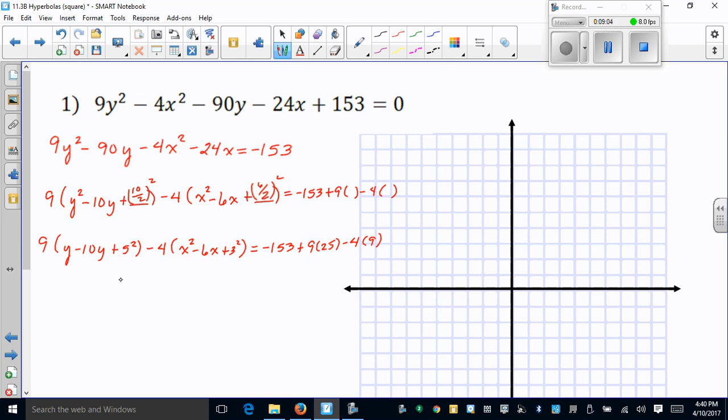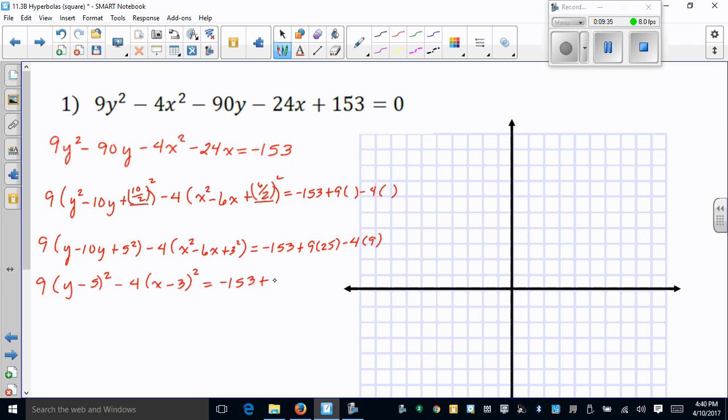Okay, anyways, sorry. So this gives me 9 times y minus 5 squared minus 4 times x minus 3 quantity squared equals negative 153 plus 25 times 9, so that's 225, minus 36.